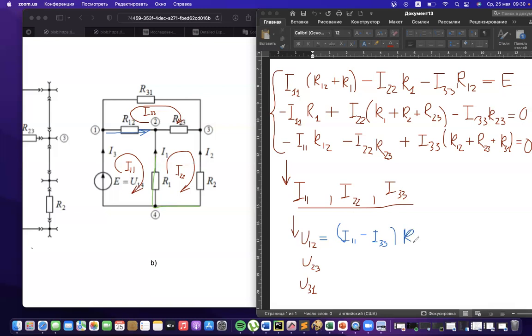It will be the formula for your voltage. Then the same for voltage U23. From point 2 to point 3, it will be current I22 minus current I33.